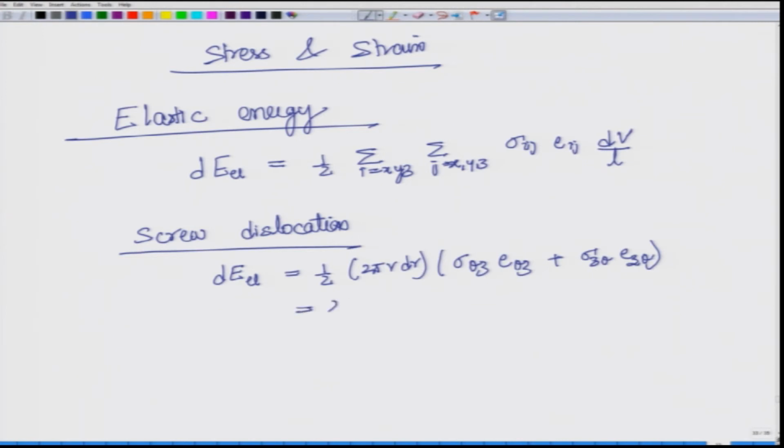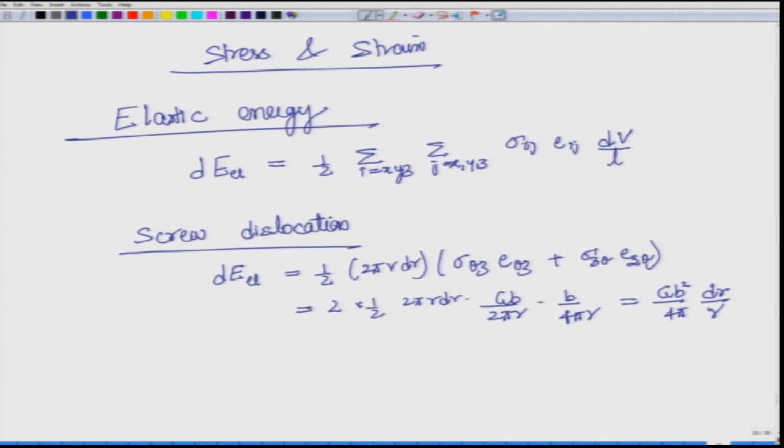So, we multiply it by 2 into 1 by 2 pi r dr Gb. So, dEL is equal to Gb square by 4 pi dr by r.